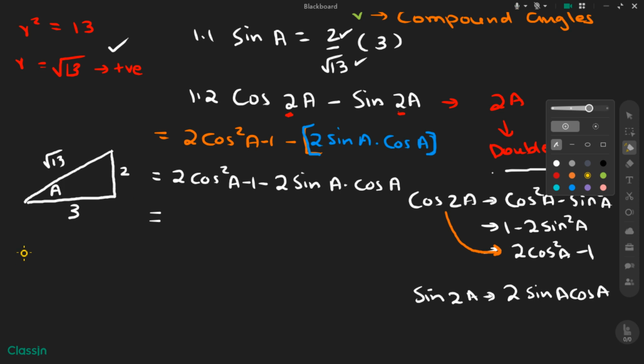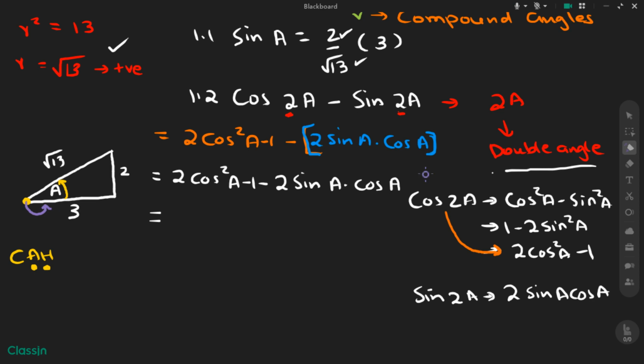Cos a is adjacent over hypotenuse. I mentioned that you must always position yourself on the triangle at the corner of your angle. So if you put yourself here, this one will be your adjacent and this one will be your hypotenuse.